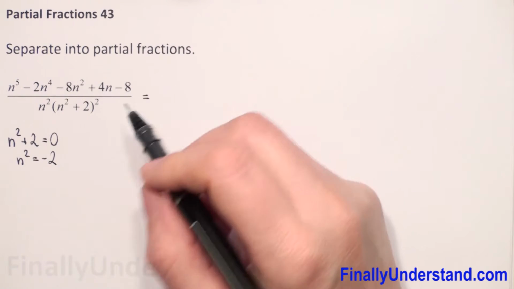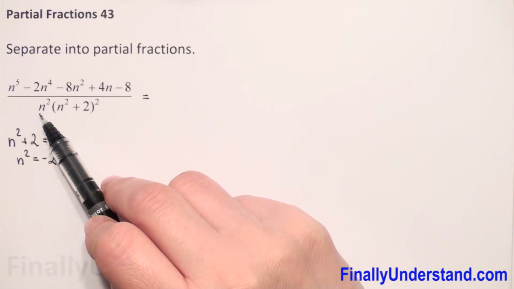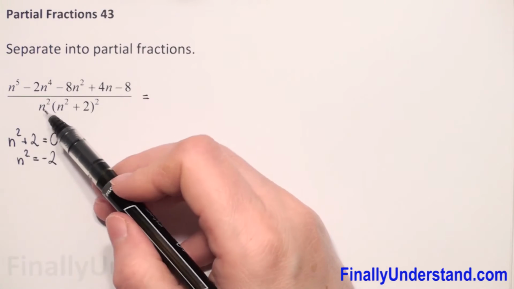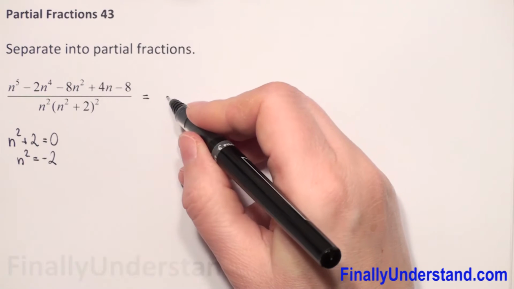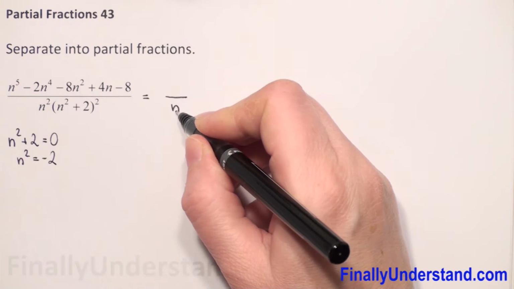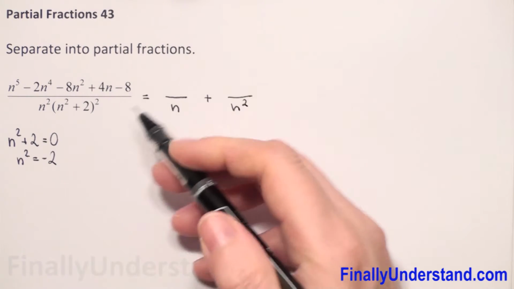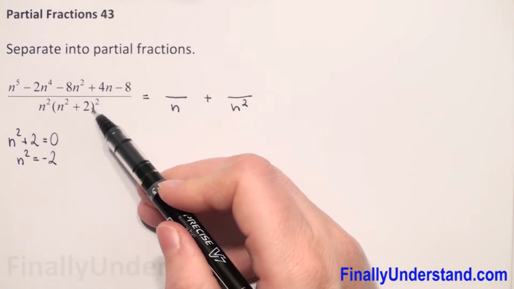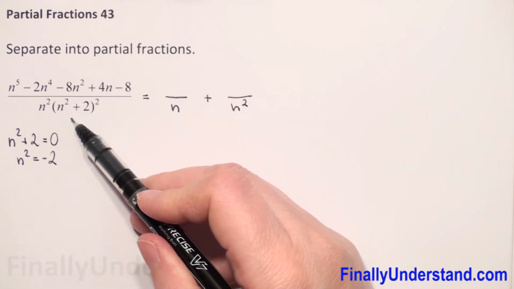Because we have here n to the second power, we have repeated linear factors, and because the power is 2, from the first expression we will have two partial fractions. The denominators will be n and n squared. From the second we have n squared plus 2 to the second power, so we have quadratic factors.